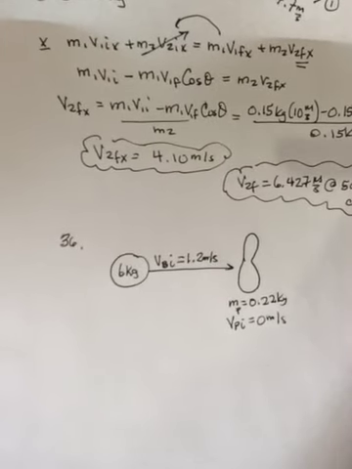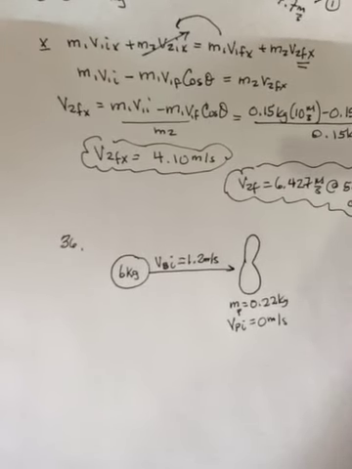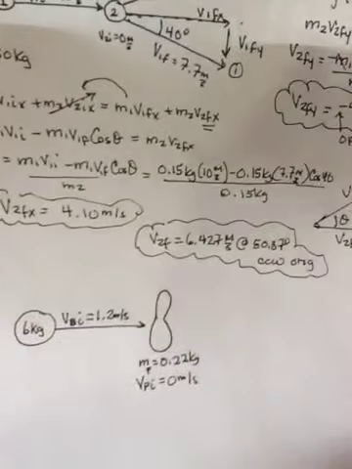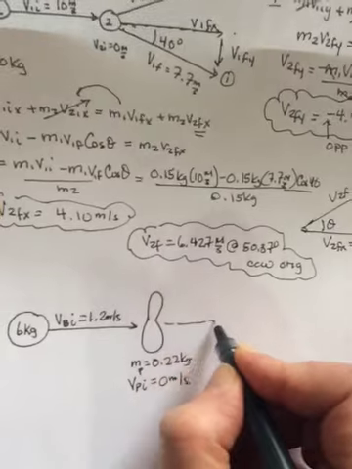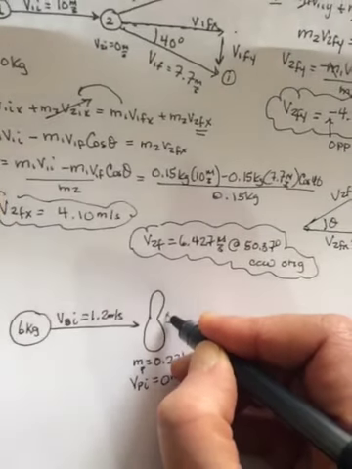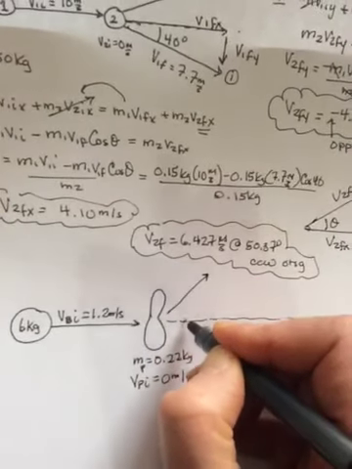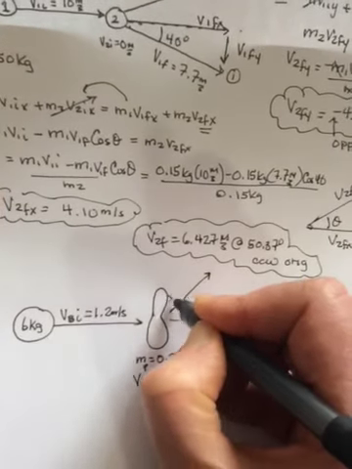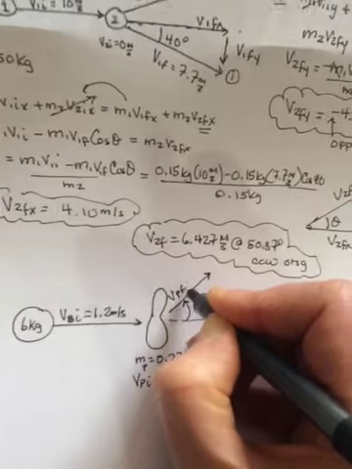When the ball strikes the bowling pin, the pin flies off at an angle of 70 degrees counterclockwise from the original. So again, here is the original, and the pin's going this way. This is counterclockwise, and it's 70 degrees. So this is V of the pin final.